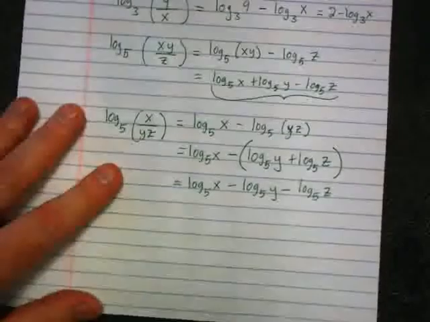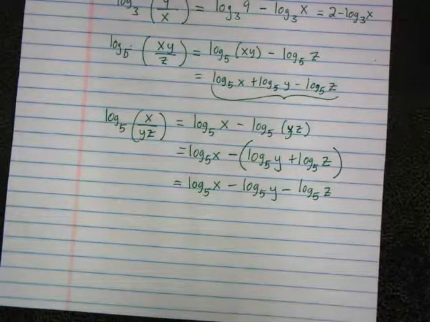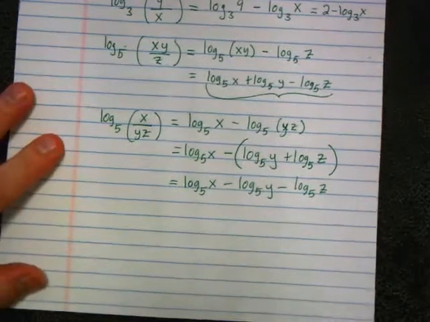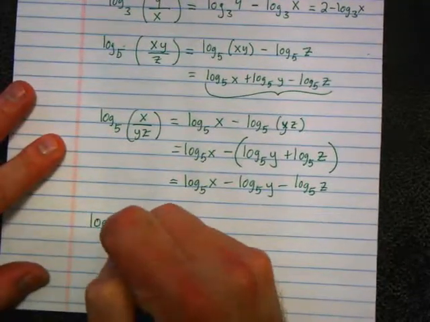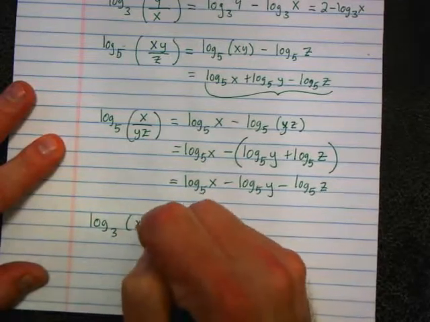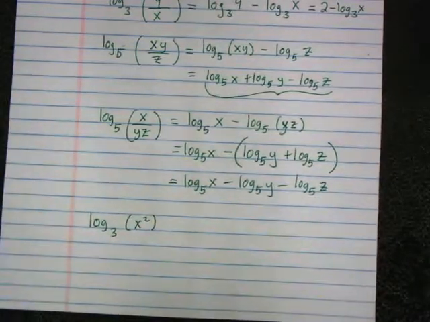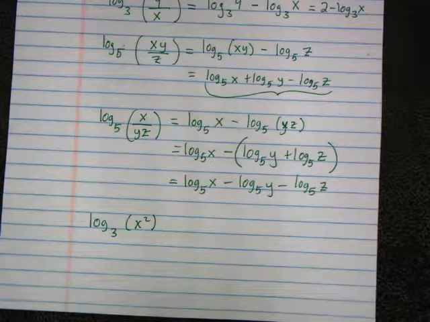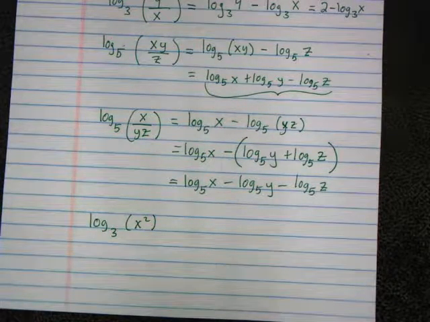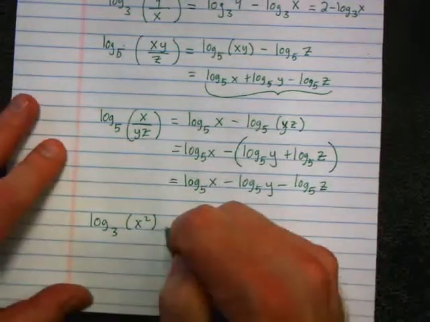All right, next rule, number 7. We're up to number 7 already. What if I gave you the log base 3 of x squared? Okay, x squared means multiply.